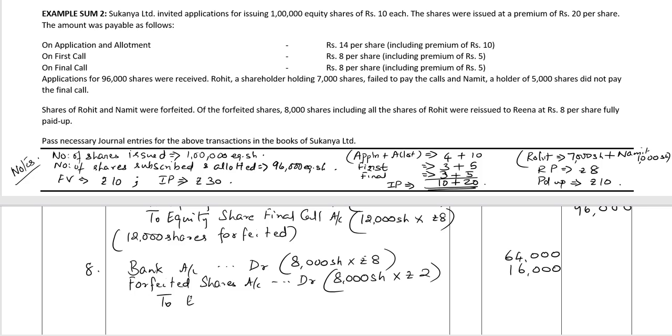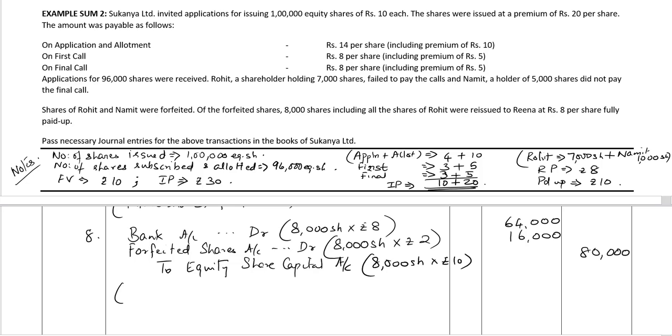To equity share capital account, the amount which has to be credited as paid up, 8,000 shares multiplied by rupees 10 per share, 80,000 rupees.